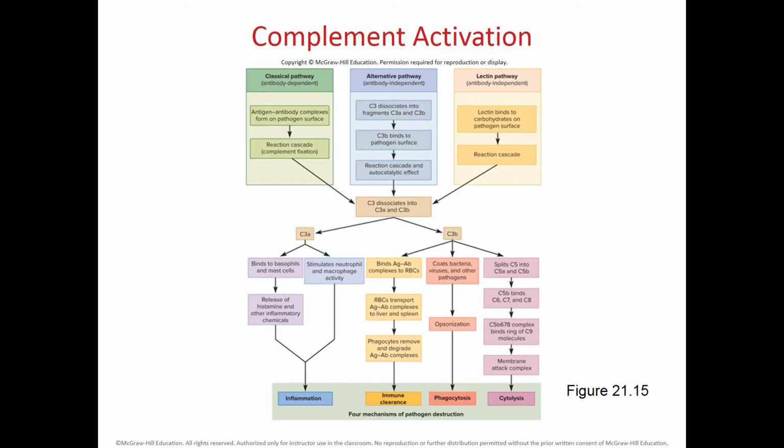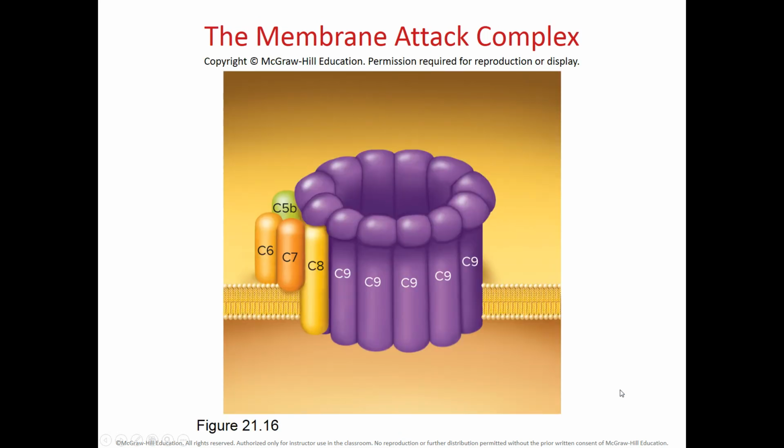These are complicated pathways that all merge into the dissociation of the C3 complex into C3a and C3b. You don't need to know so much about the cascades or pathways, but C3a and C3b lead to different things. C3a leads to inflammation, while C3b leads to immune clearance, phagocytosis, and cytolysis.